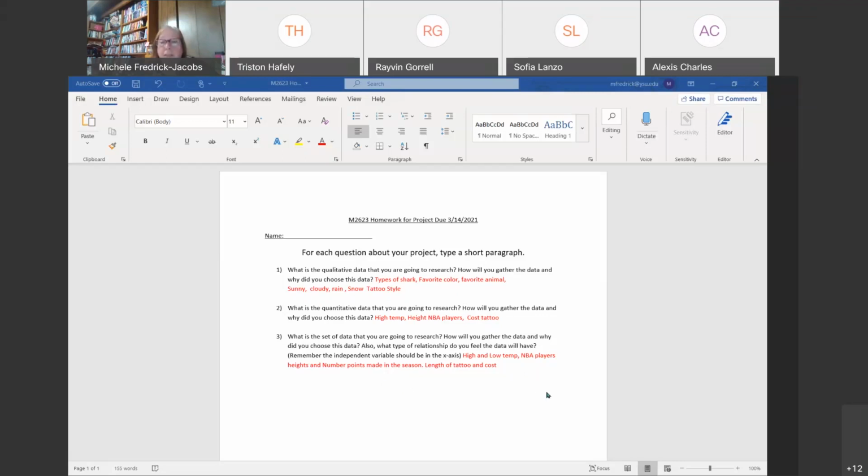That doesn't work. X and Y have to be numbers. So when you're thinking about this data, they have to both be numerical. This has to be numerical, and this has to be non-numerical. It's equality. Favorite color, favorite number, height and shoe size. Any questions on that?